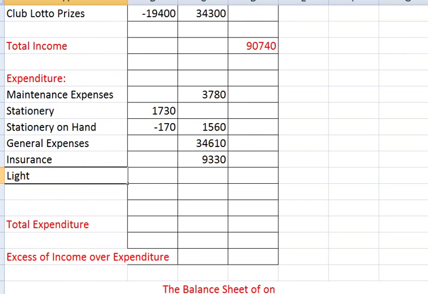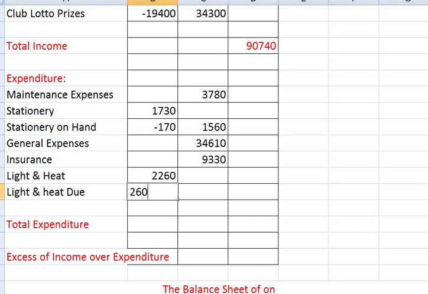There's light and heat, but there's an adjustment on light and heat. So 2,260, but there's light and heat due. You still owe some money to the utilities company, 290, giving a total of 2,550.